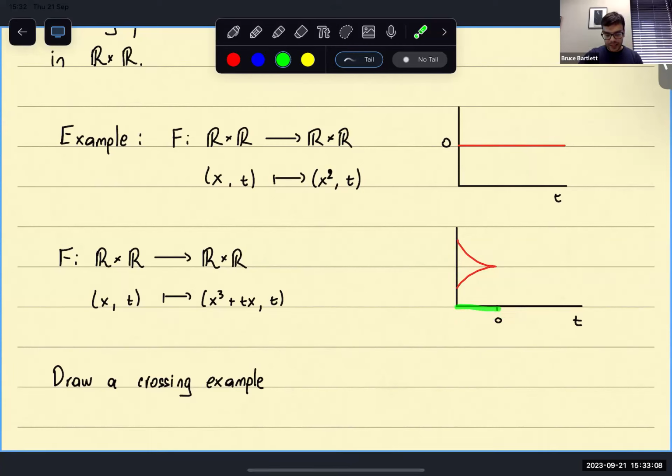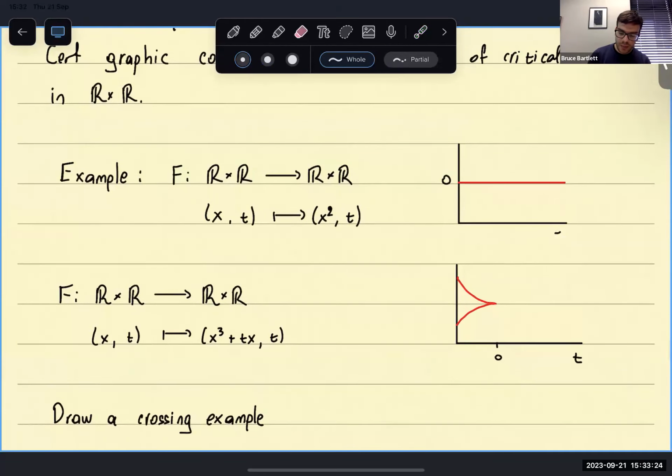As t goes closer to 0, those two come closer together and then they die at 0, and I have no critical values afterwards. So this graphic of critical values would look like that. This is a typical example of what the Cerf graphic for fold critical points looks like. This is a typical example for what the Cerf graphic of cusp critical points looks like.